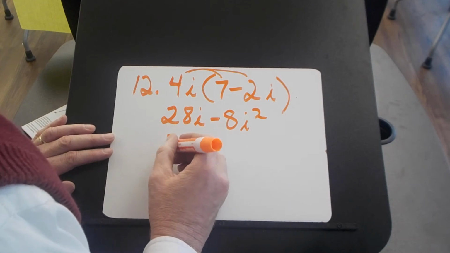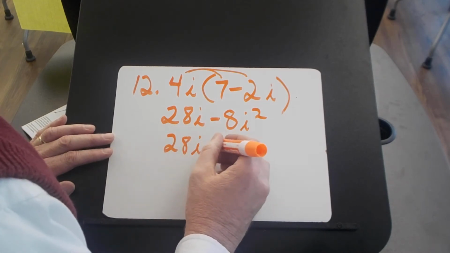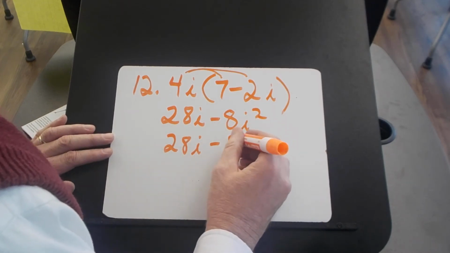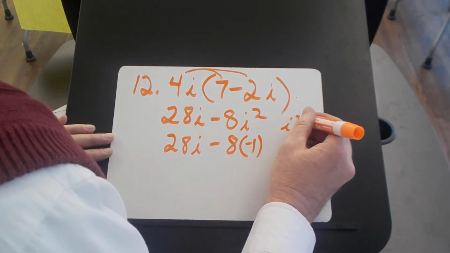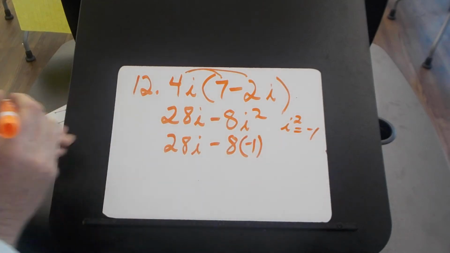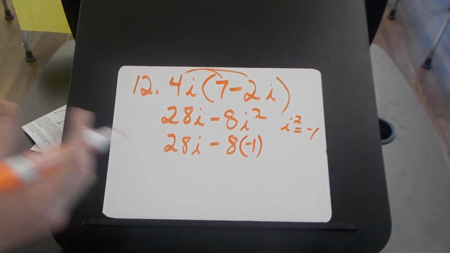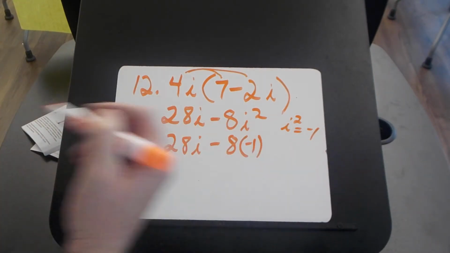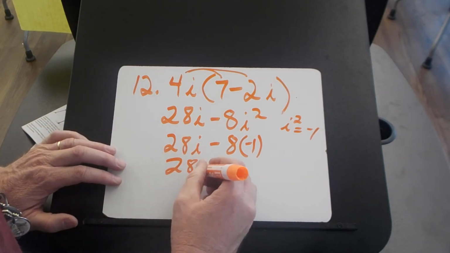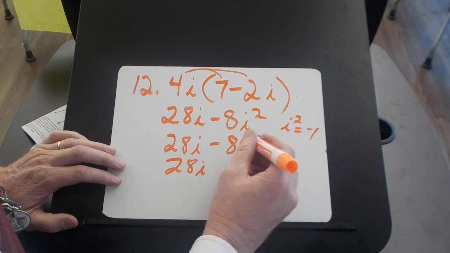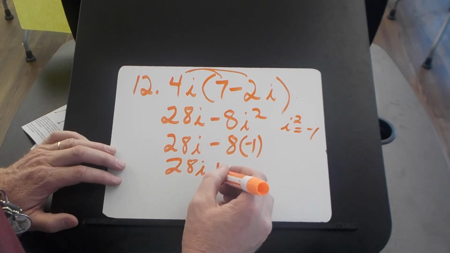Well, let's remember, we've got 28i, that i squared is equal to negative 1. That's something in these problems we've got to remember always. When we have an i squared in a problem, we're replacing it with negative 1. So that's 28i minus 8 times negative 1. Negative 8 and negative 1, that is positive 8.